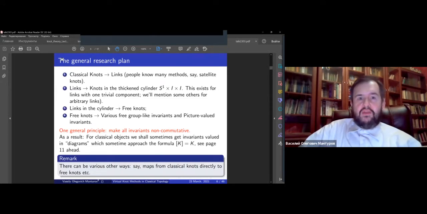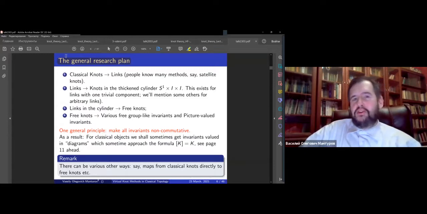Okay, and this is the general research plan, not only for today, but actually for maybe a year or maybe several months or maybe several years. Okay, so actually this will work for classical knots, but I have to find some parity, and I will say some words about how we can get some parity for classical links.